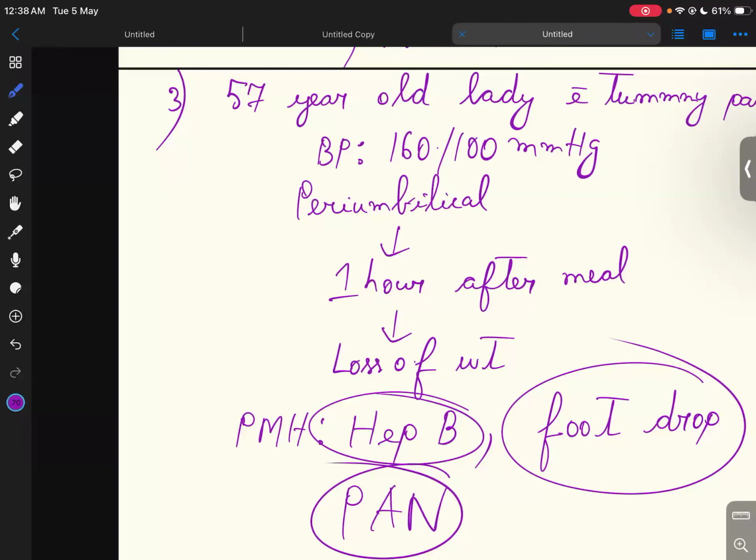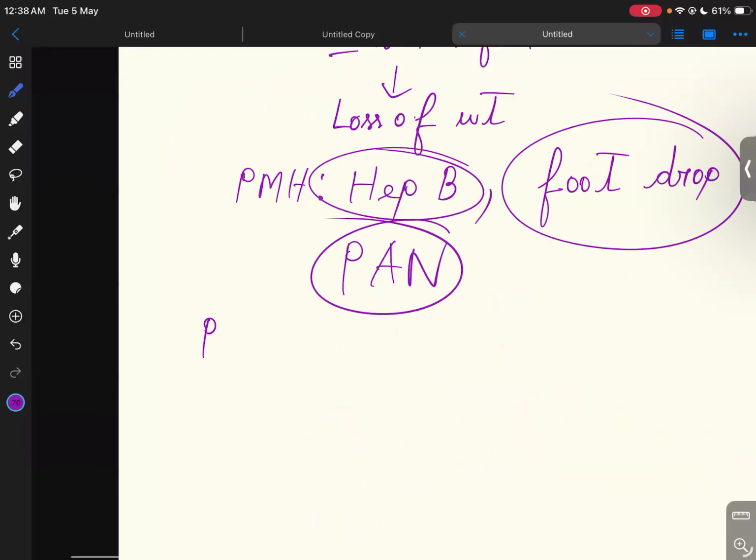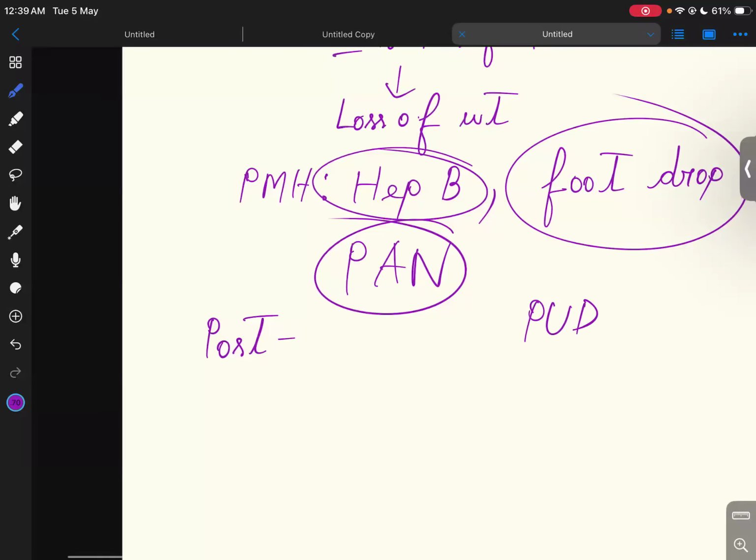Dr. Osama has asked for the cause of postprandial tummy pain. If it happens right after the intake of food, this is peptic ulcer disease. For the PACES exam, it can be due to pancreatitis also.